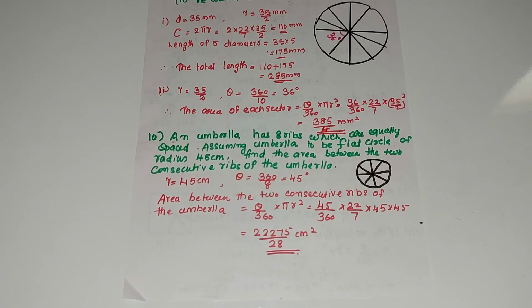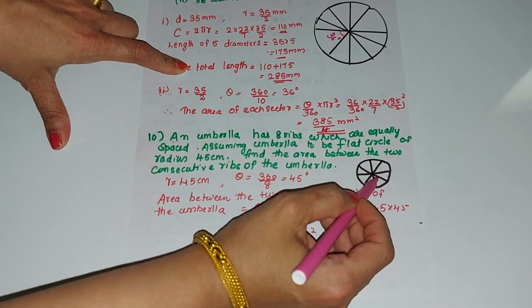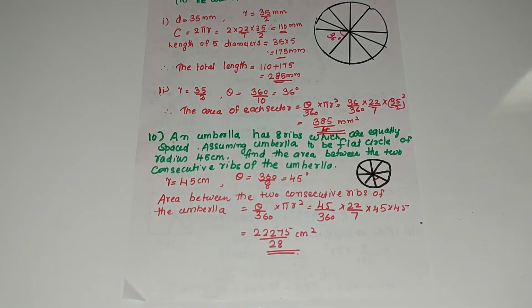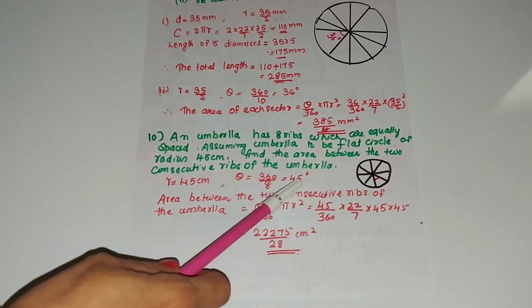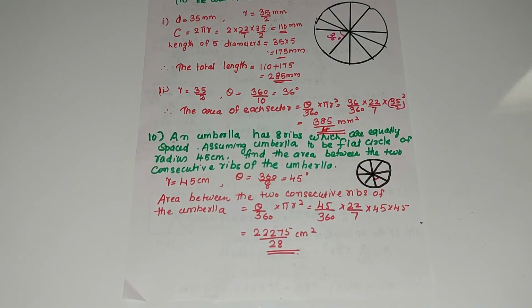When you flatten an umbrella, it looks like a circle, and the radius of that circle is given as 45 centimeter. And what about the angle? Here the circle is divided into 8 equal parts. So to get the angle, you divide 360 by 8. So 45 is the angle between two consecutive ribs.